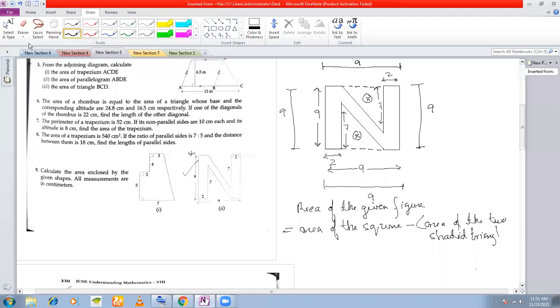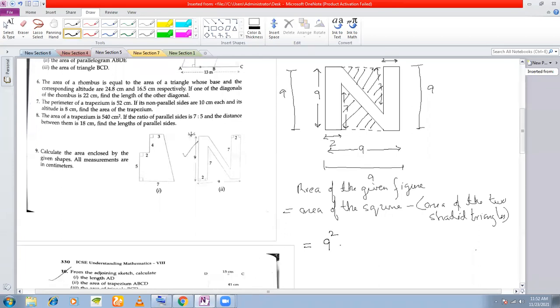We want to subtract the area of this triangle here and the area of this triangle here. So let's first write down the area of the square. What should be the area of the square? Each side is 9, so area of the square is 9 squared, minus.